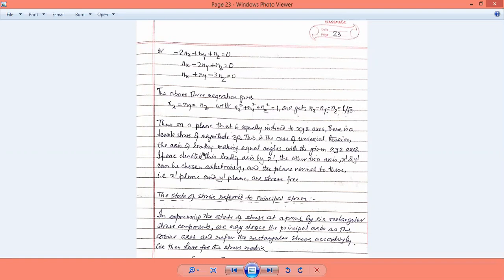The axis of loading makes an equal angle with the x, y and z axes, because all these direction cosines are the same. If one denotes the loading axis by z dash, then the other two axes, x dash and y dash, can be chosen arbitrarily. The planes normal to these are also stress-free.